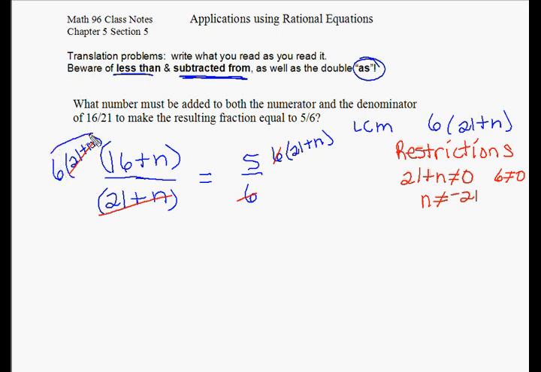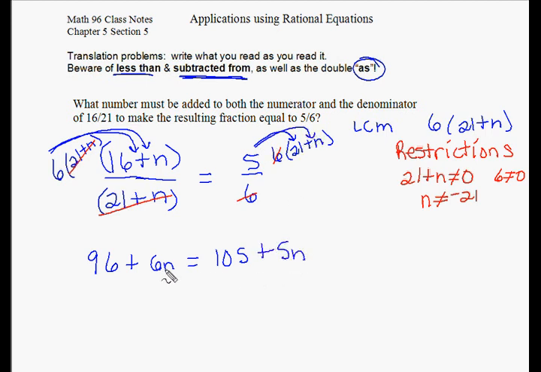Clearing parentheses, we have 6 times 16 is 96 plus 6n is equal to 5 times 21 is 105 plus 5n.